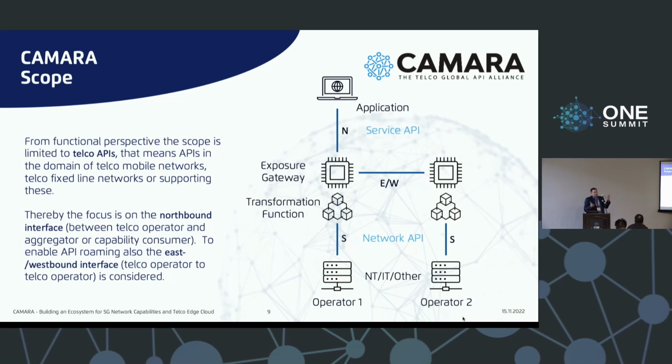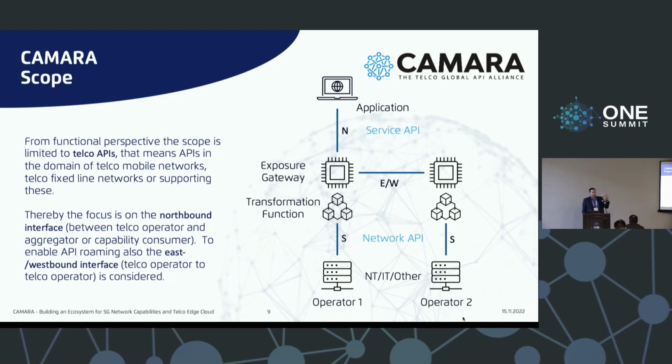And I still give this a 50-50 chance of being successful, to be honest, because there are a lot of operators, a lot of developers you have to get on board, but at least we wanted to give ourselves better odds than trying to build some sort of castle. So we limited the scope to one very small thing, focusing on the northbound sets of APIs between the actual developer application and the exposure part of the network.